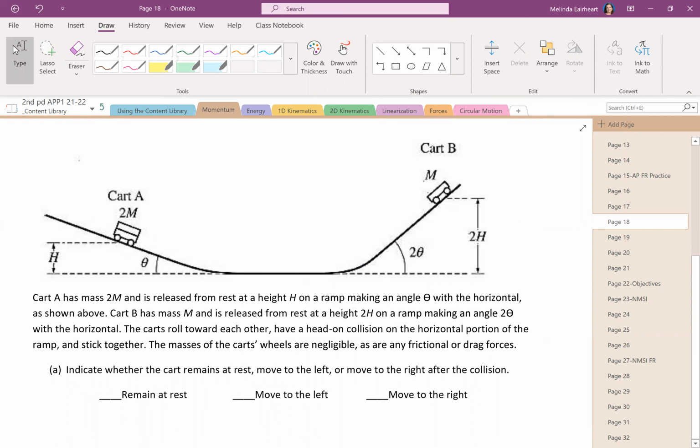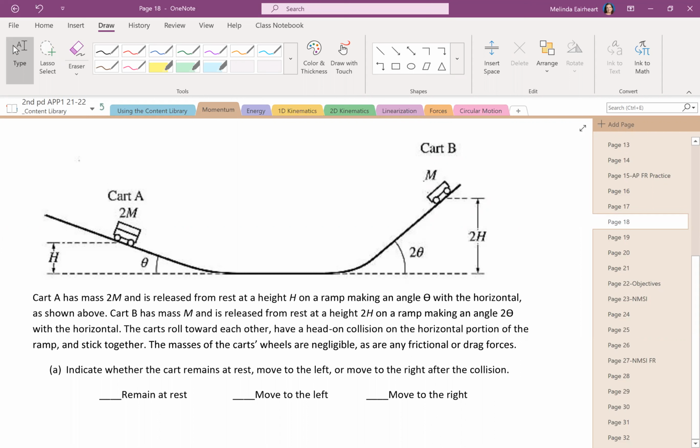Cart A on the left has a mass of 2m. It's released from rest from a height of h on a ramp that makes theta with the horizontal as shown above. So sentence 1 just described what we see on the left. Cart B on the right has a mass m.